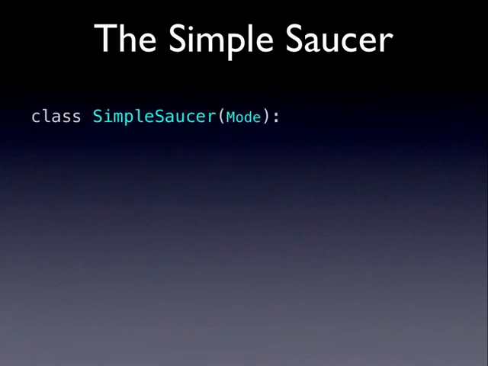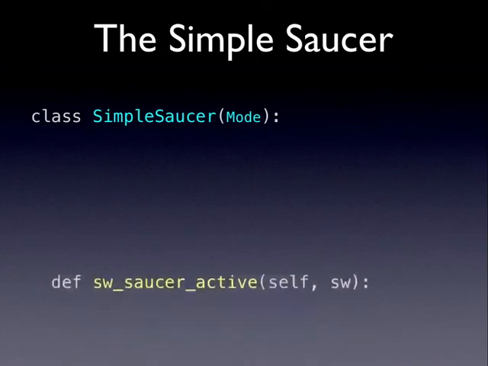Okay, so let's look at what a simple saucer mode would look like. So we're going to define a new subclass of mode here. It's called simple saucer. And if you're not familiar with Python, just bear with me, I think this might still make some sense. And then we're going to define a switch handler so we can actually make the saucer do something.